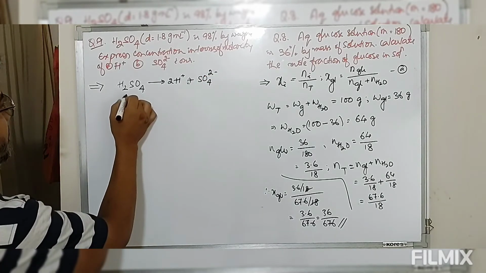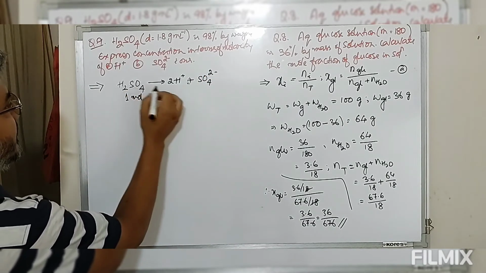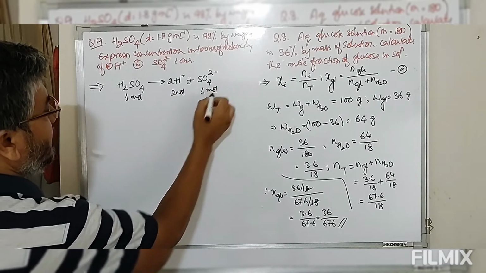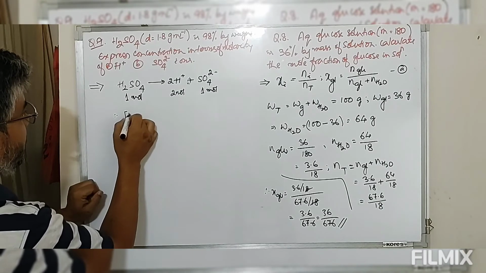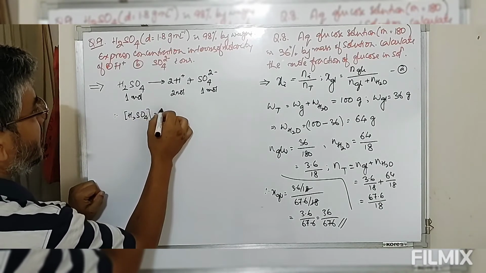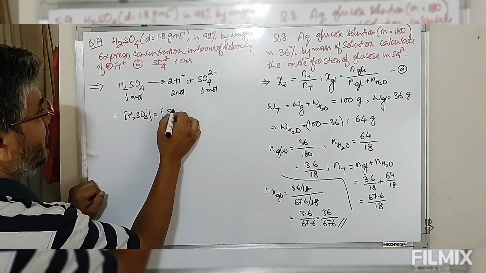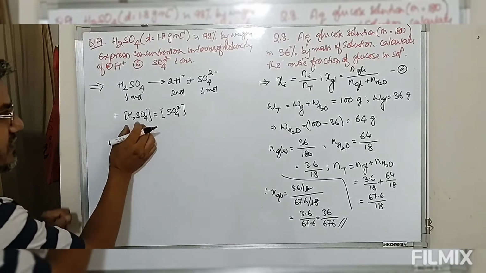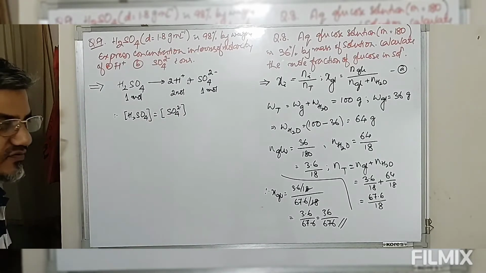So if I start with 1 mole of sulfuric acid, this gives you 2 mole of H plus and 1 mole of sulfate ion. That is, the concentration of sulfuric acid will be equal to the concentration of sulfate ion. So once we define the concentration of sulfuric acid, we are defining the concentration of sulfate ion.